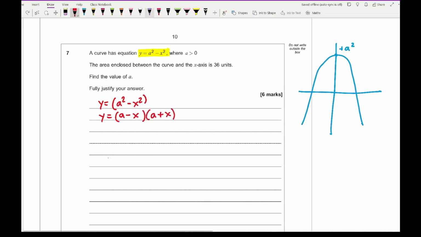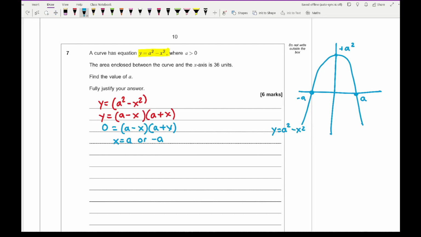Now that means that the solutions to this, if I make that equal to 0, are that x is going to equal a or minus a. So this point here is minus a, and this point here is going to be positive a. Now we know that the equation of the curve is y equals a squared minus x squared.